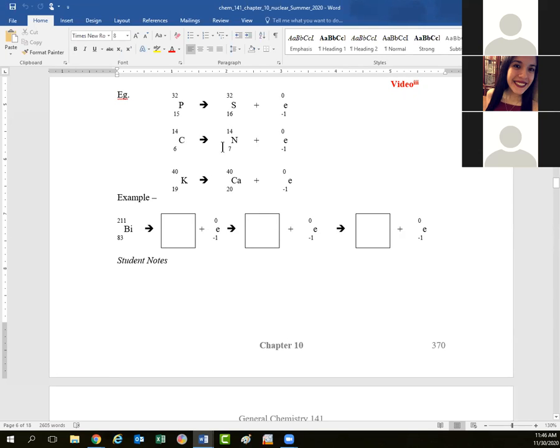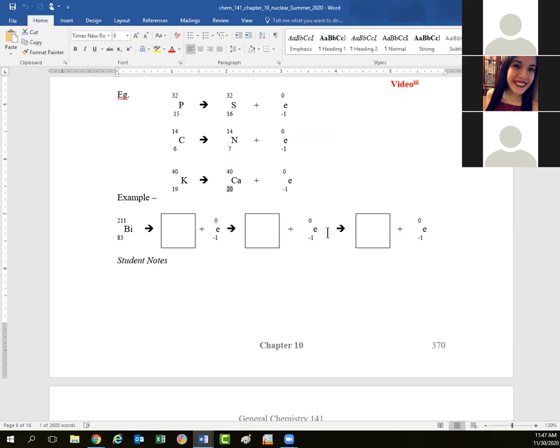So the atomic number increases to 7, which makes it nitrogen, and the electrons are ejected. Potassium 40, a neutron changing into a proton. So we have still a mass of 40, but now an atomic number of 20. And so we've got an isotope of calcium.